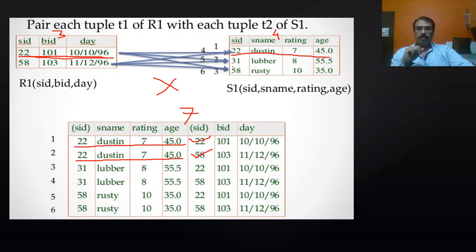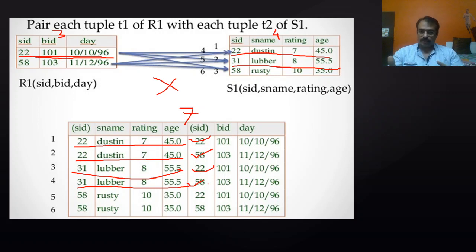Then the second row of S1 is multiplied with, see, these both are same, the first and second row. So this way it is generating a huge table. This is a very small example of 2 and 3 rows in the table. If you have simply 10 rows in one table and 20 rows in the other table, you are going to have a table of 200 rows on which you are going to operate.